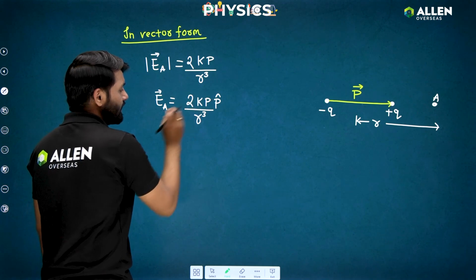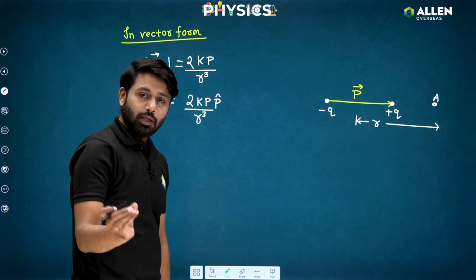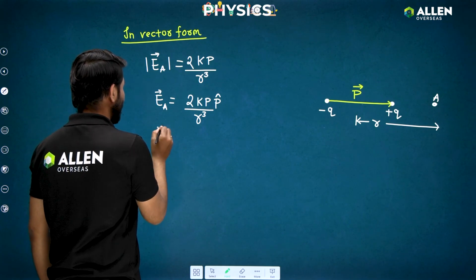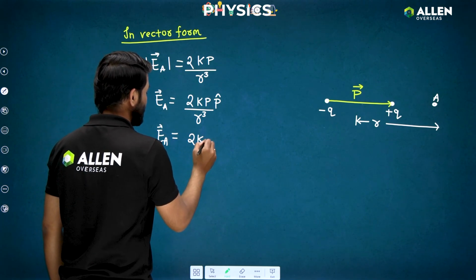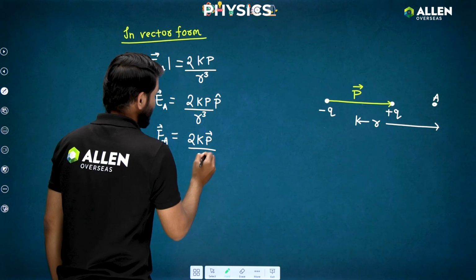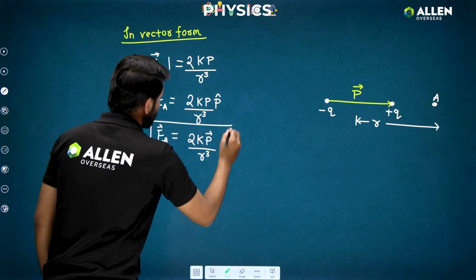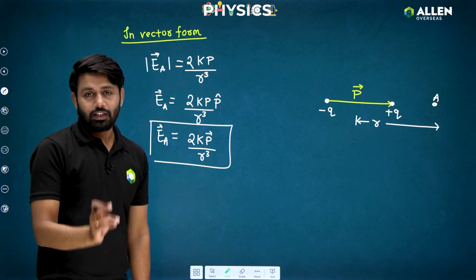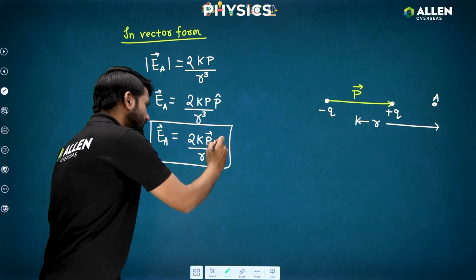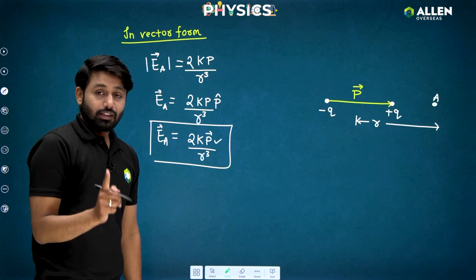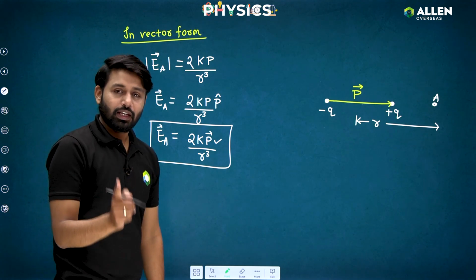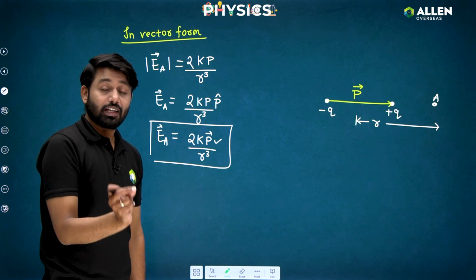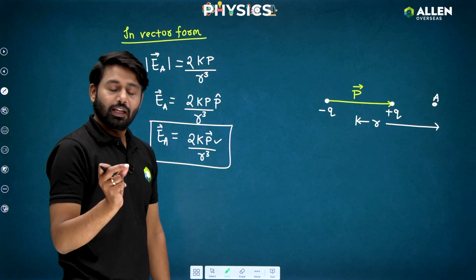Is that clear? And I think you know that magnitude multiplied by unit vector is your vector. So you can write E A vector is equal to 2K P vector divided by R cube. So this is the formula in vector form to calculate electric field at the axis. This P vector is representing the direction of electric dipole moment. You have to keep in your mind, you have to put each and everything with sign if you are writing in vector form.